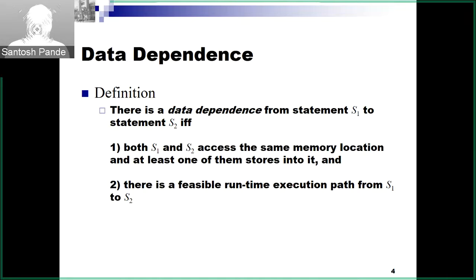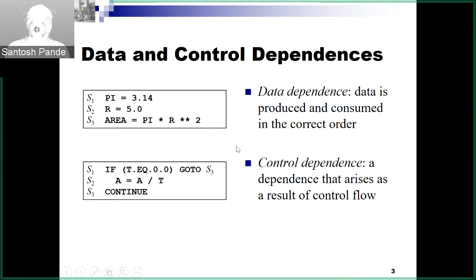Let's say there was no feasible path, but we assume there is a path from S1 to S2, because of which we also analyzed them and we found some dependence from them. Because of this, we are not able to change the structure of the program because of this dependence. For example, in this previous case, there was a dependence of S3 on S1 and S2, and so we could not move S3 anywhere earlier than this. And so therefore, we were concerned.